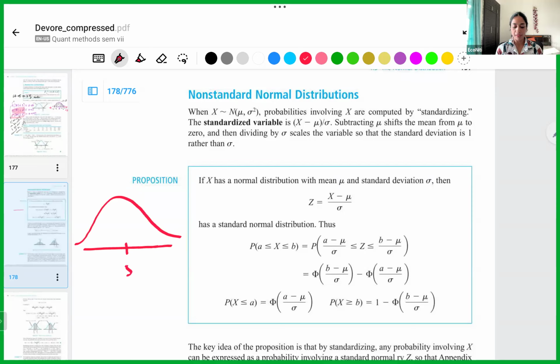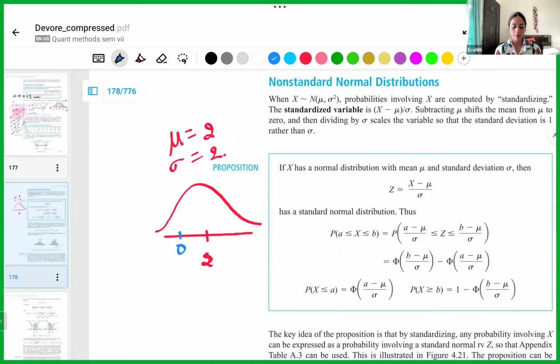मान लो कि ये कोई नॉर्मल डिस्ट्रीब्यूशन है जिसका मीन है 2 और सपोज म्यू इज 2 एंड सिग्मा इज आल्सो 2, राइट. What you can do is you can standardize it and convert it to a standard normal distribution which will have mean equal to 0 and variance equal to 1.